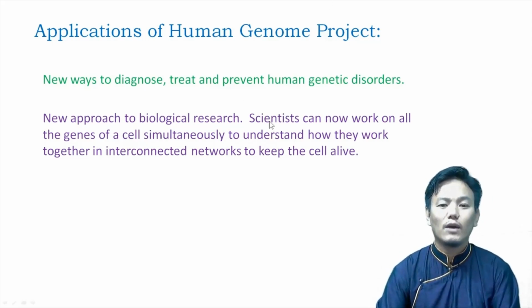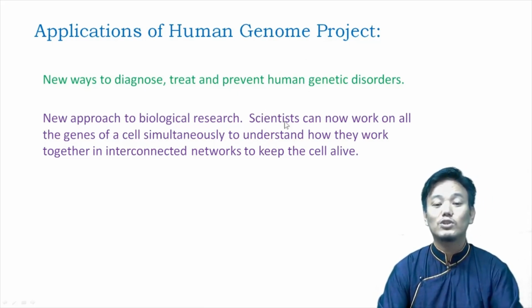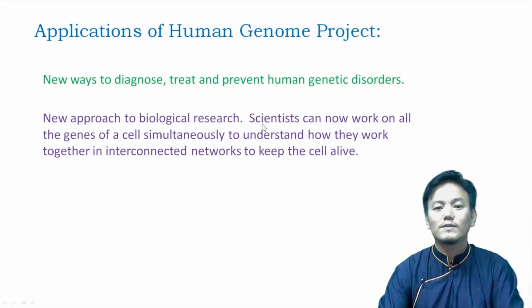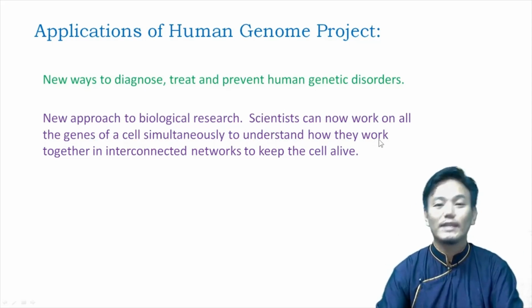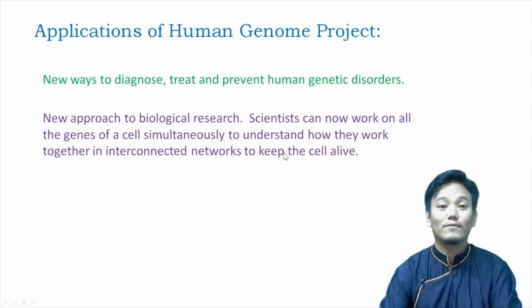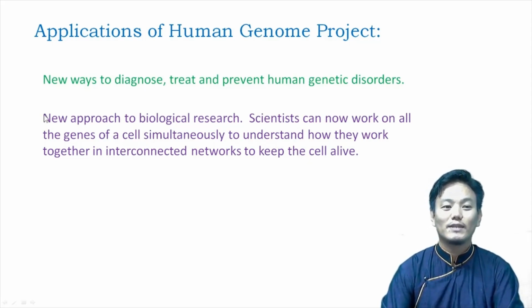So now, after the completion of the human genome and from the findings of the Human Genome Project, scientists can work on all the genes of a cell simultaneously to understand how they work together, in an interconnected and interdependent manner, to keep the cell functioning. That is one application to keep in mind.